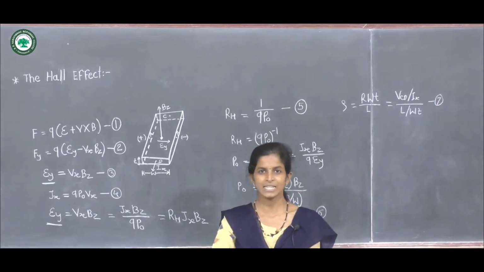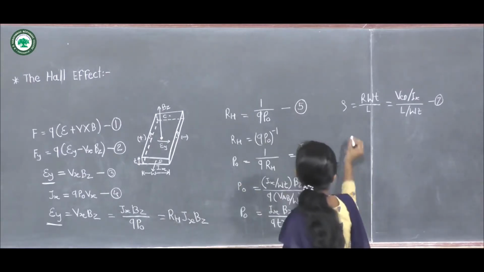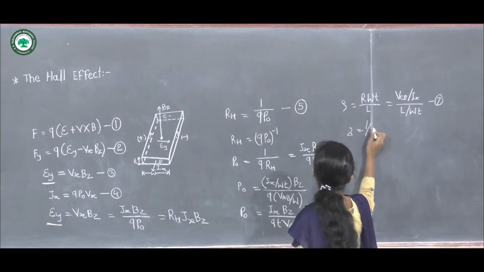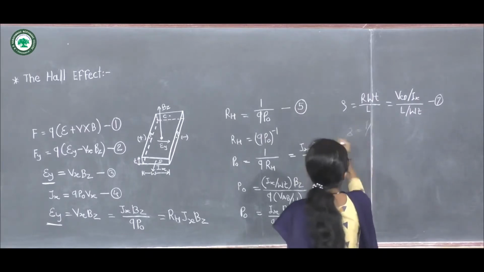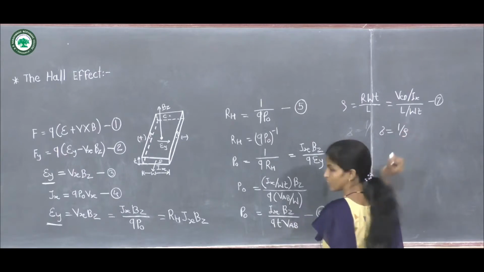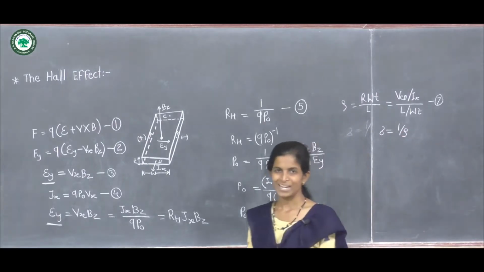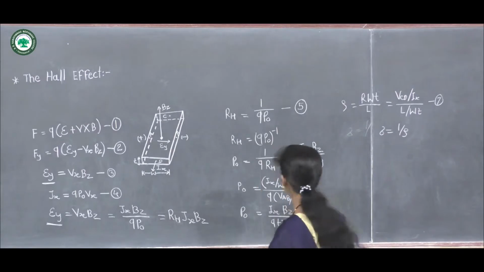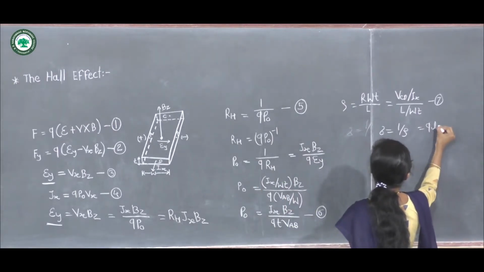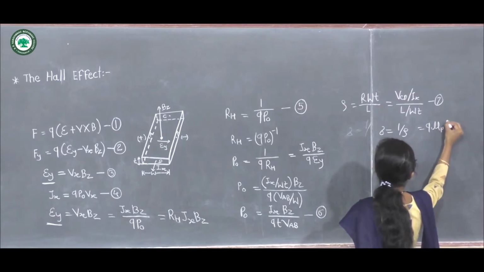The conductivity sigma is given by sigma is equal to 1 upon rho, which is equal to Q into mu P into P naught.